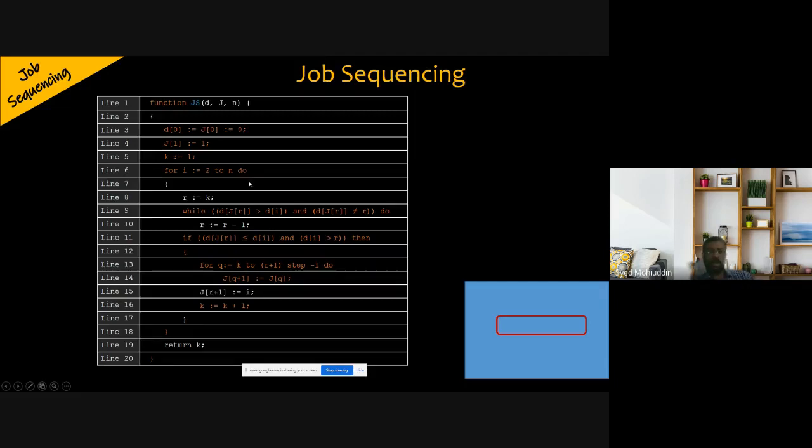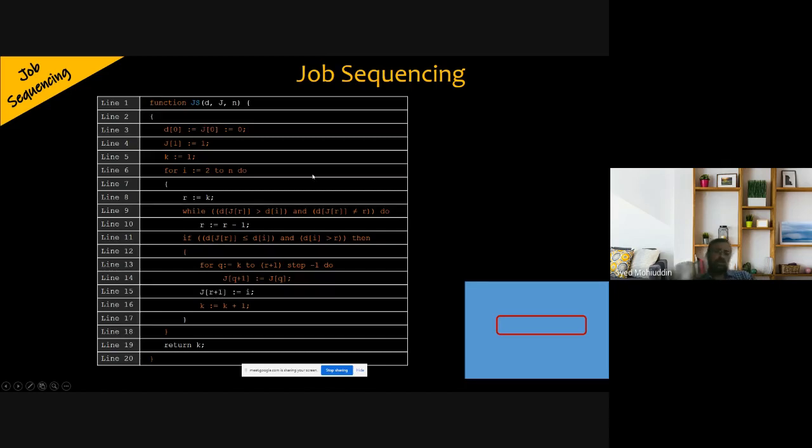So at the end, the first while loop is done to check whether a slot is available, starting from the rightmost going to the leftmost part, depending upon the deadline of the jobs. That is what this D array is. Then we will check if that can be filled, or we will check if there are other jobs that can be moved. That is what we are doing here, and then ultimately schedule the job.